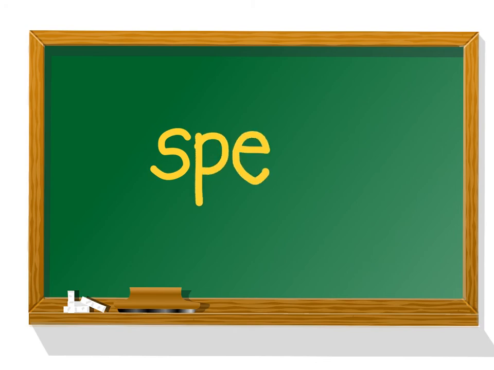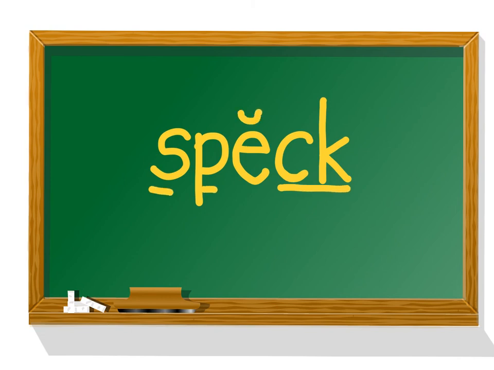I'm going to tap it out as I write it. S-p-e-k. I hear a k at the end of a short vowel word. I better use my digraph. C-K. So I have my blend, sp, my short E, and my digraph, k, speck.